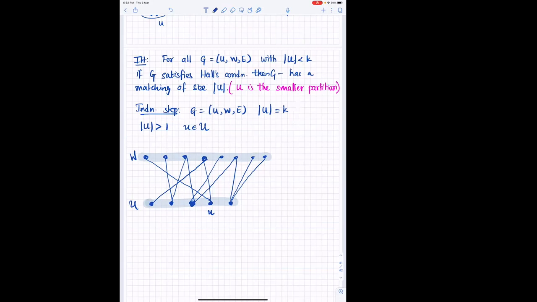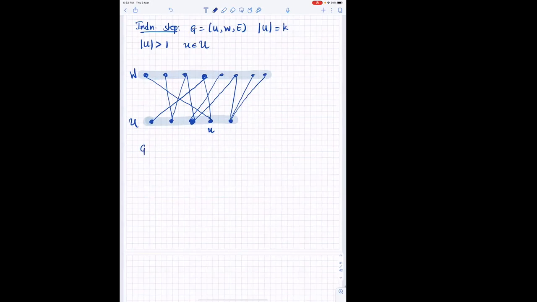So what can you say about this? Can it be that u has no neighbors? No, that is not possible, right? Because G satisfies Hall's condition, the neighborhood of u must have at least size 1, because even that singleton set will be satisfied. So definitely there is one neighbor.